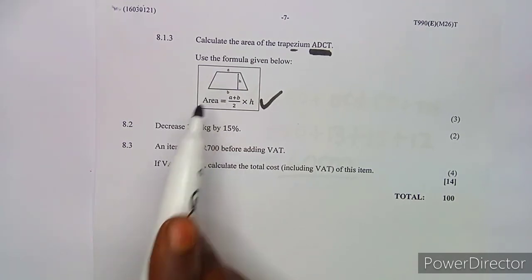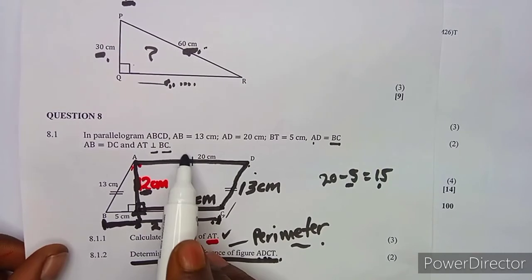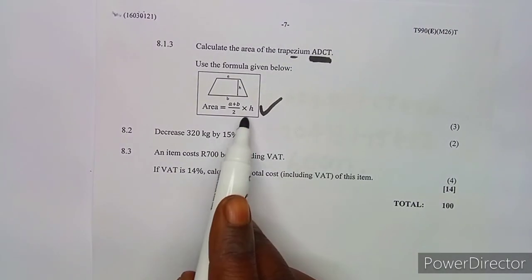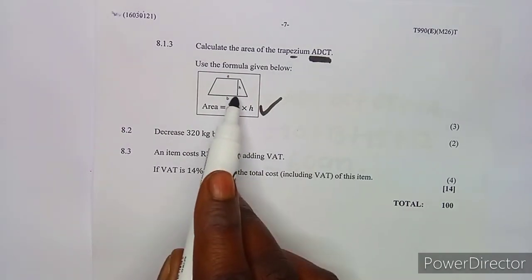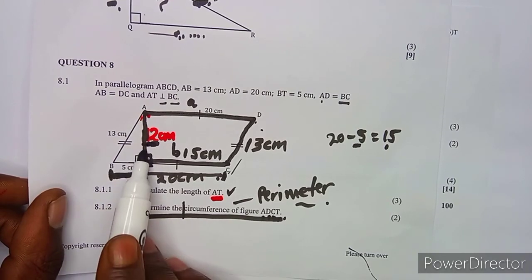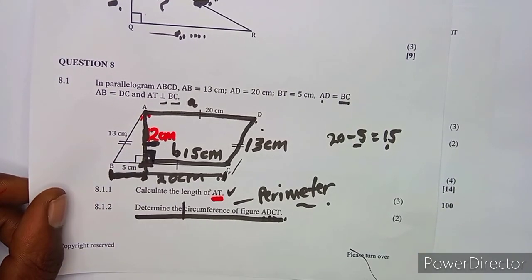This is your A, this is your B. And this H is the height, which is the perpendicular height, which is this 12 here. That is your perpendicular height, the one that is at 90 degrees.